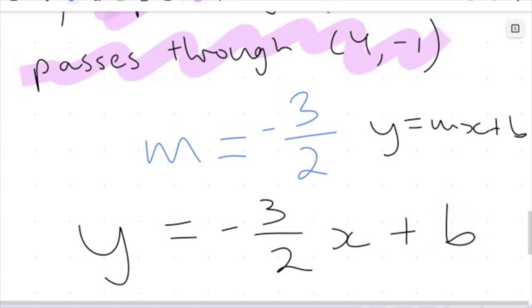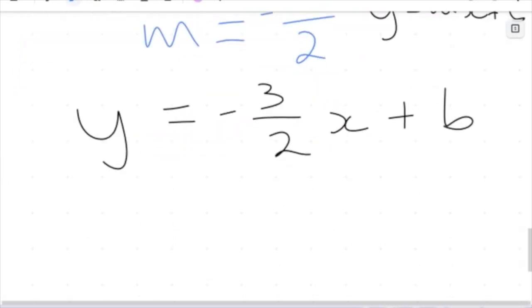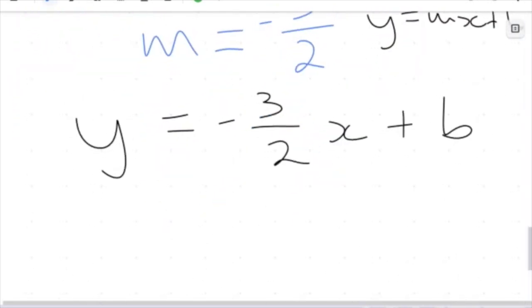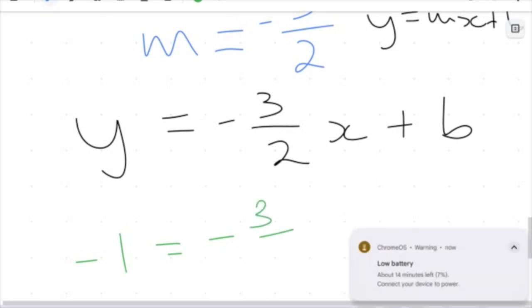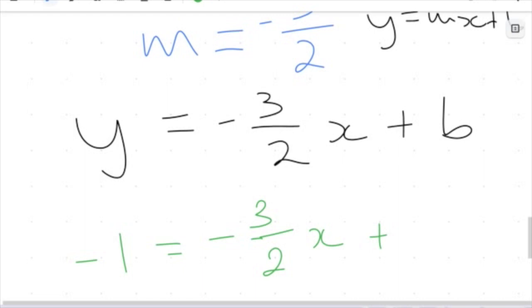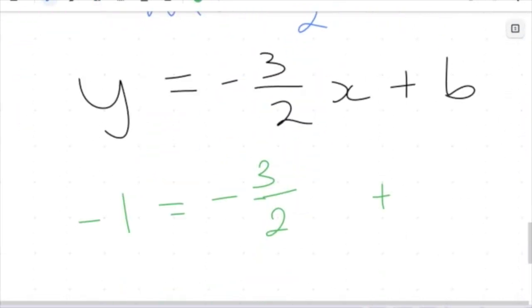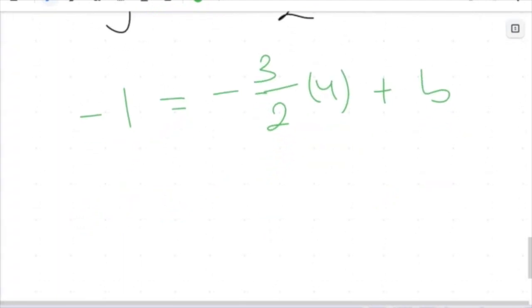Because this line passes through this point, I can substitute the x and y values into this equation. So I'm going to get negative 1 equals minus 3 over 2 x plus, whoops, instead of the x, I can put 4, plus b. Okay, so I get negative 1 here.